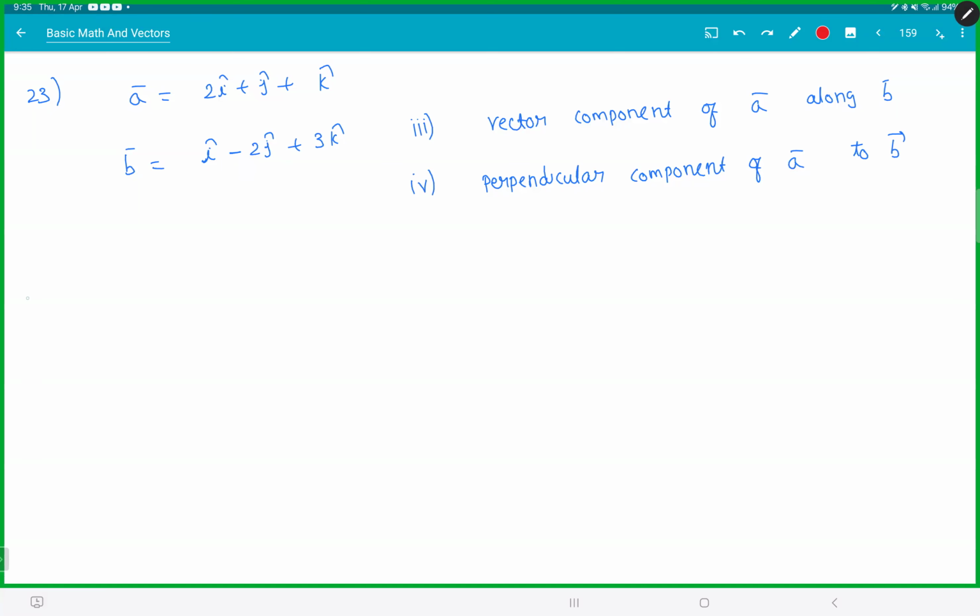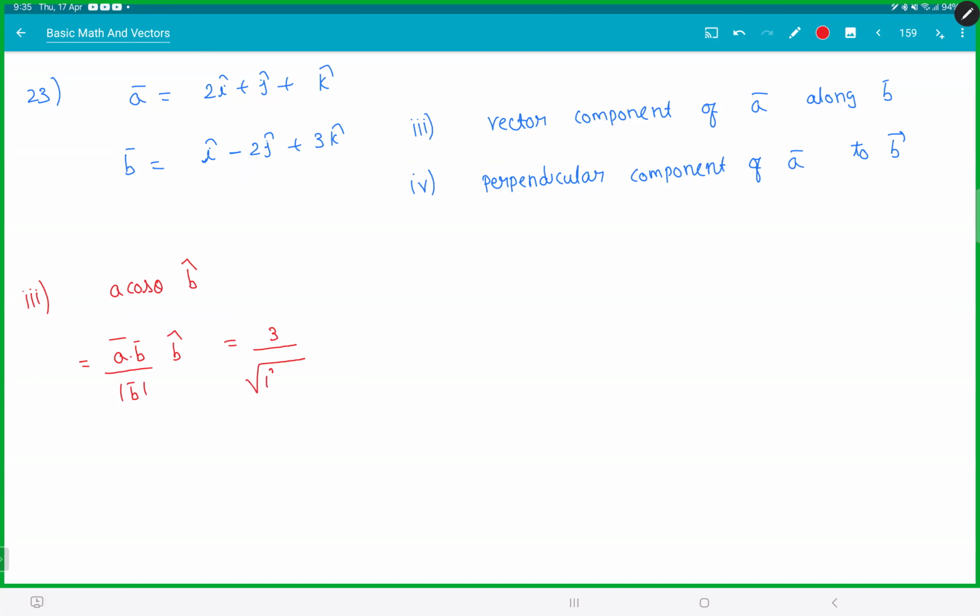So what is the vector component of a bar along b bar? Again, same story. You're asking the component of a bar, so I want a's shadow, which is a cos theta, in which direction? B cap's direction. So a cos theta can be written as a dot b bar by mod b bar into b cap. So what is a dot b? 2 minus 2, that is 3. And what is mod b bar?